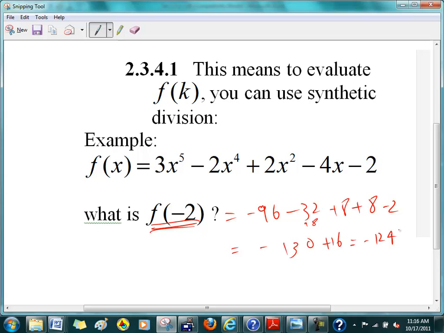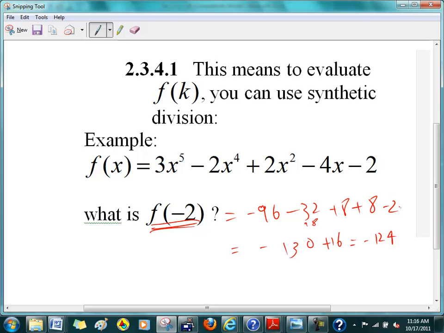No, that's 96 minus 2. Negative 96 minus 2 is negative 98? Yes. So negative 98 plus 32 is negative 130.